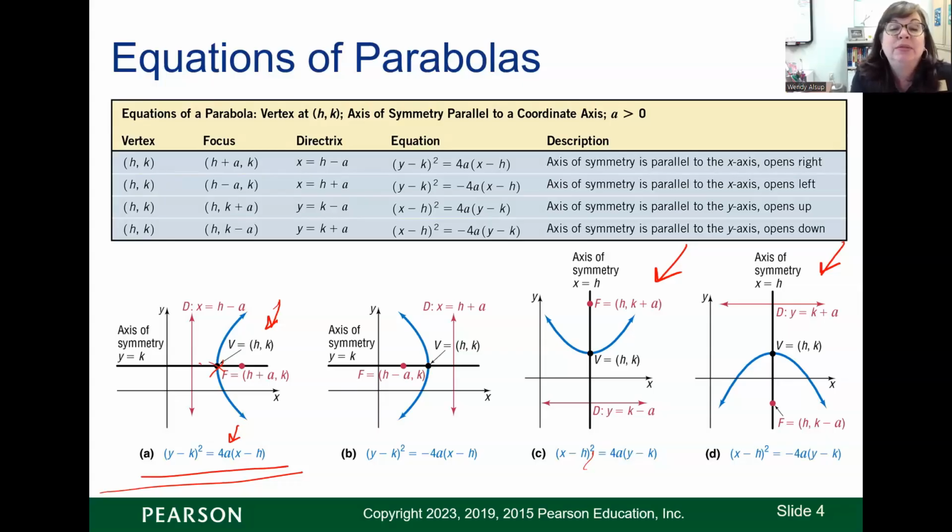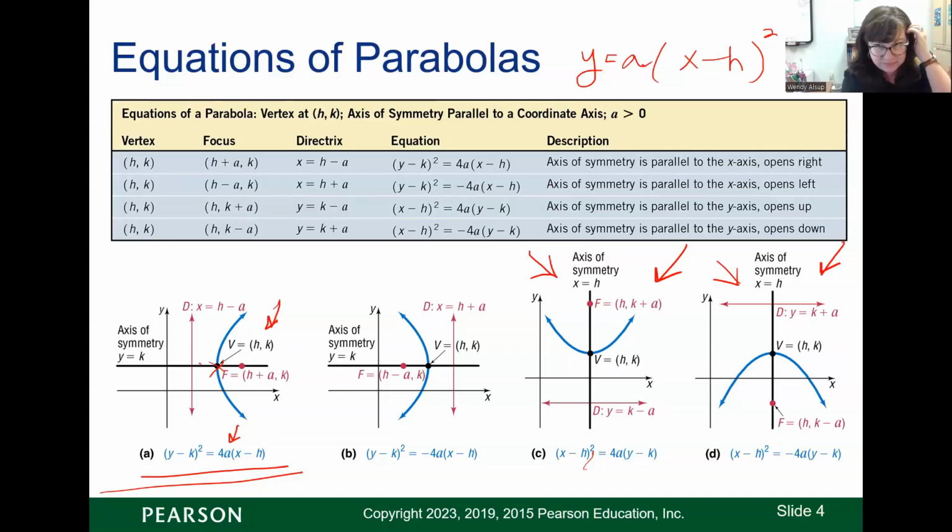Now, in Math 110, when they opened up and down, we had a different form: y equals some a value times x minus h all squared plus k. But now we're putting the k on the other side, and we're dealing with the a a little differently.